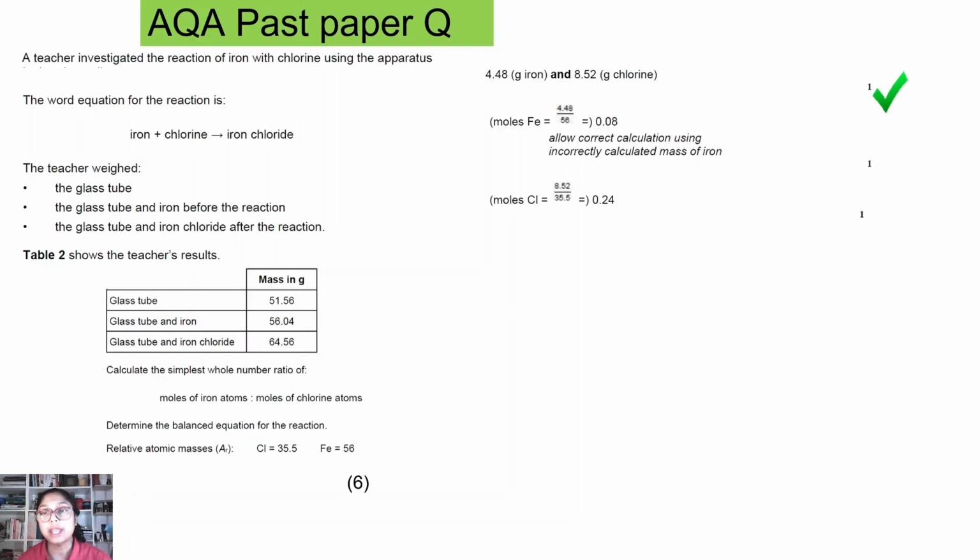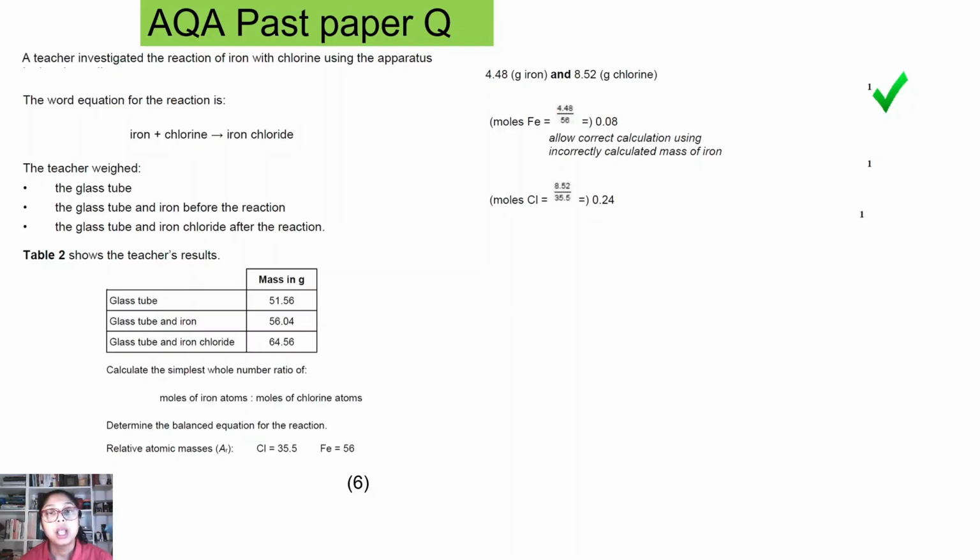Now, next step, what we are going to do is convert the mass to moles. Which equation are we going to use? Of course, you know it. So n equals m over Mr. So for calculating the moles of iron, 4.48 the mass, divided by 56, the relative atomic mass, and you get 0.08.